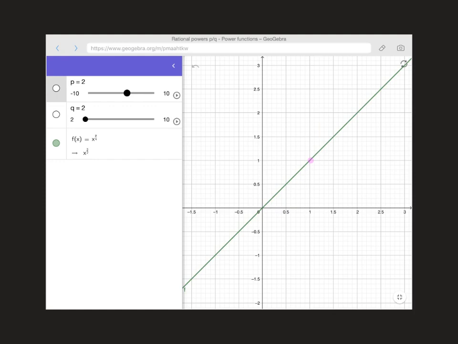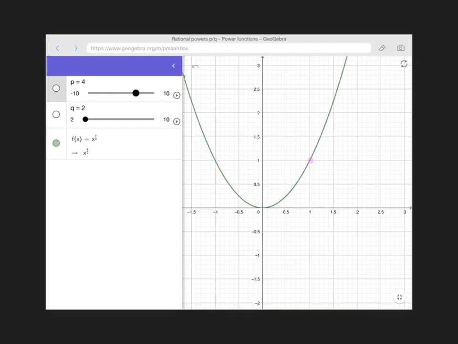If it's bigger than 1, so these shapes this way, come on, bend for me. So that's bigger than 1, that's bigger than 1. You can see that the positive arm is getting steeper and steeper and it's more parabolic. If the fraction itself, P over Q, is less than 1, you get the square root shape. So let's summarise what we've got so far for even numbers.